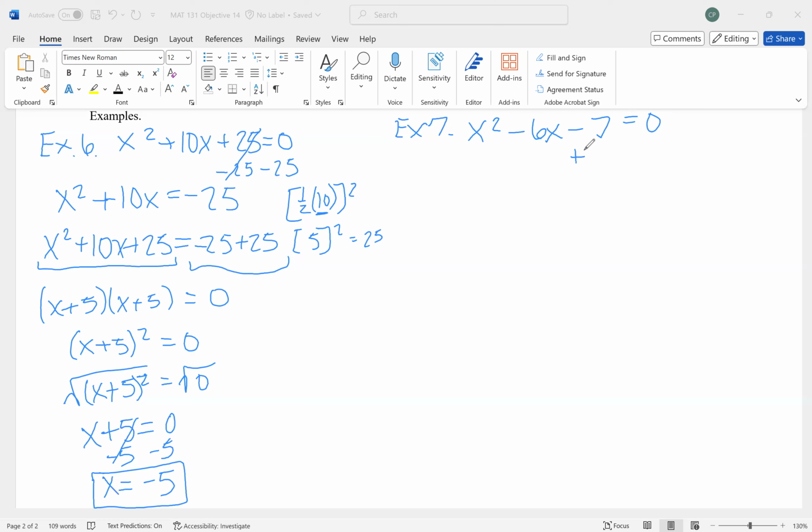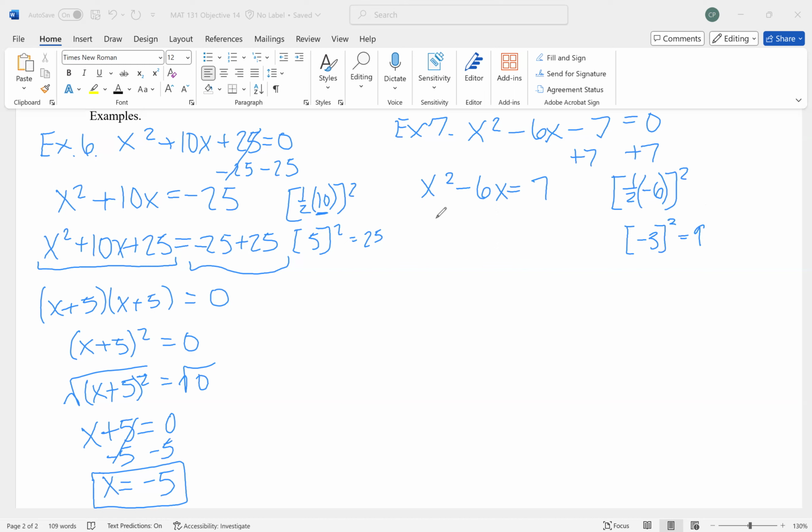We're going to add 7 to both sides, and that is going to give us x squared minus 6x equals 7. Okay? I'm going to come over here and do my 1/2 times -6 squared. That's going to be -3 squared, which is going to be 9.